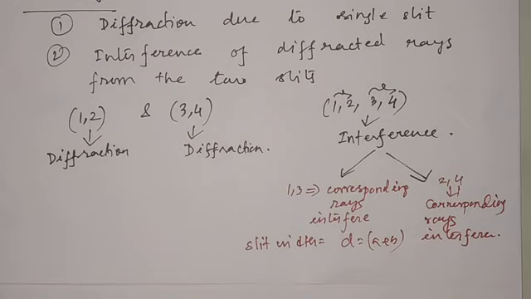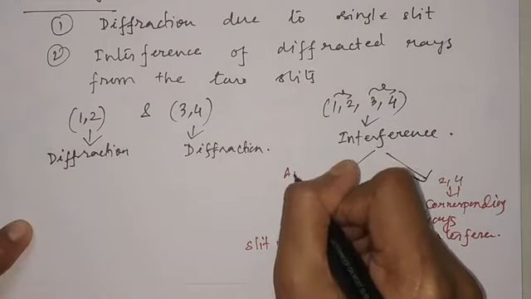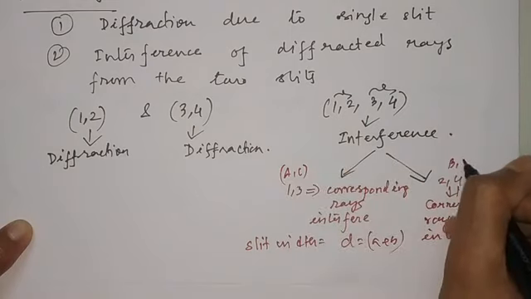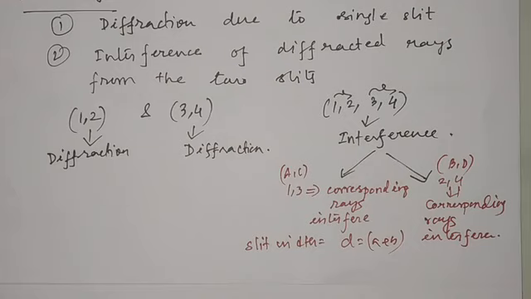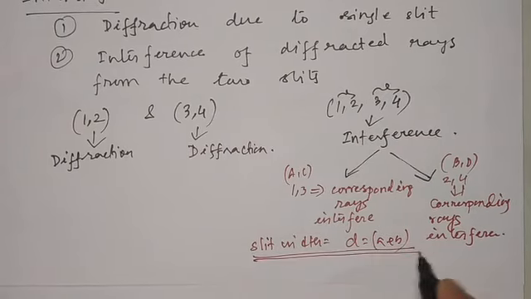Similarly, the points B and D are corresponding points, and the rays coming from them act like point sources. The separation between those two point sources is again d equals a plus b.